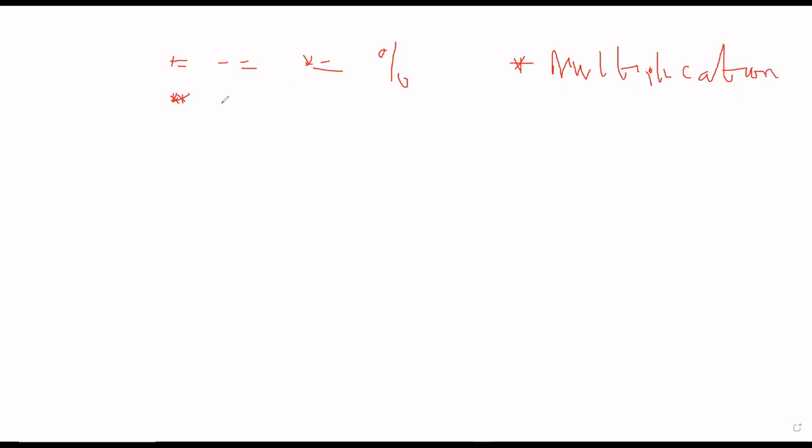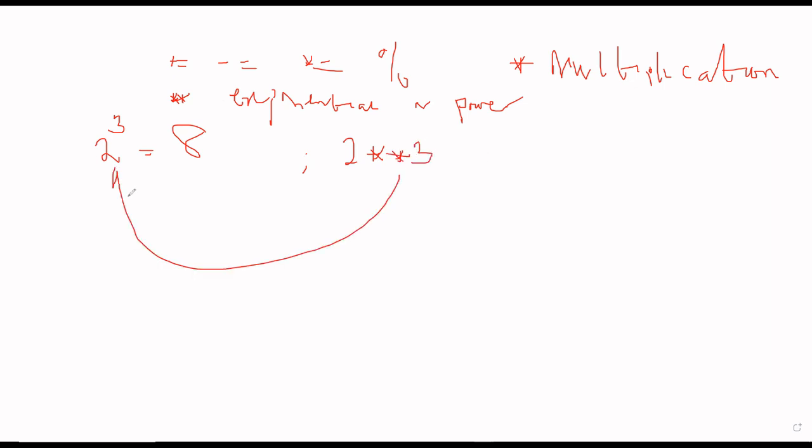Double asterisk means exponential, or some may call it power. For example, if I want to compute 2 raised to power 3, which will give me 8, I can do 2 double asterisk 3. This is the same with this.